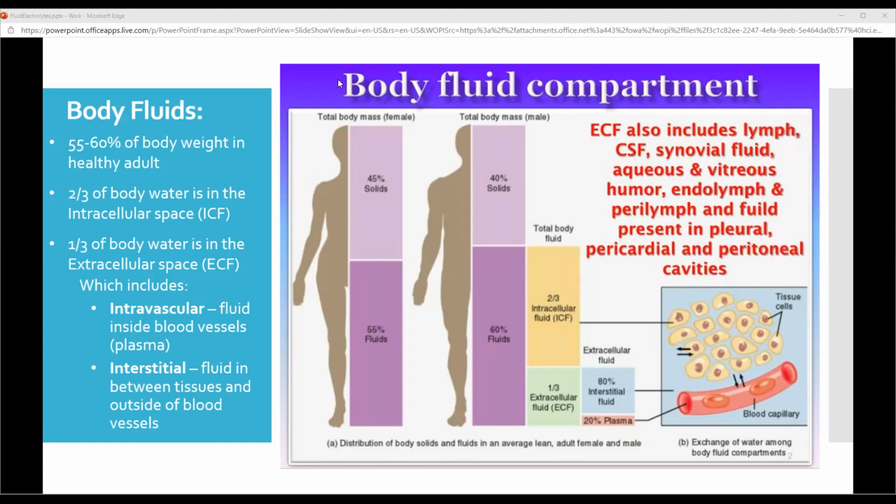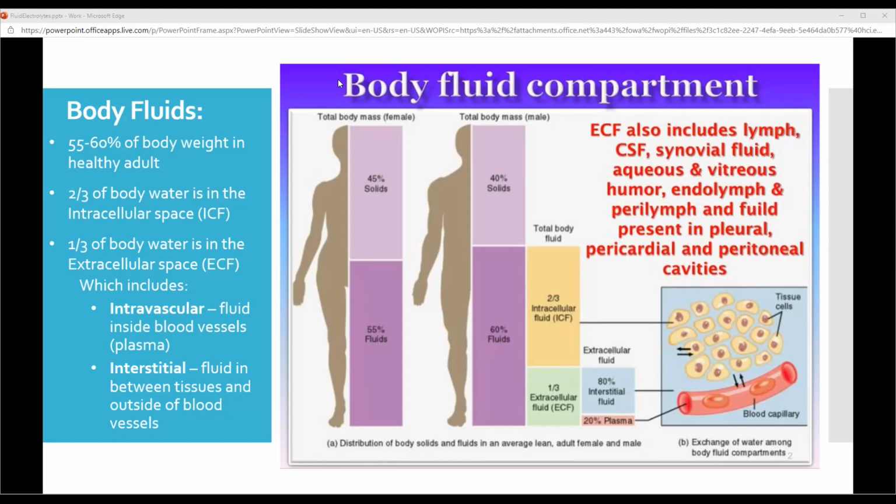So the ICF, the intracellular fluid, makes up about 2/3 of the fluid circulating in your body. Only 1/3 of the fluids in your body is found in the extracellular space, outside of the cells.